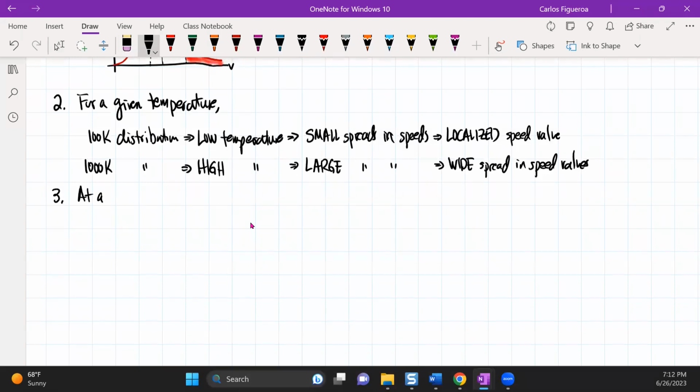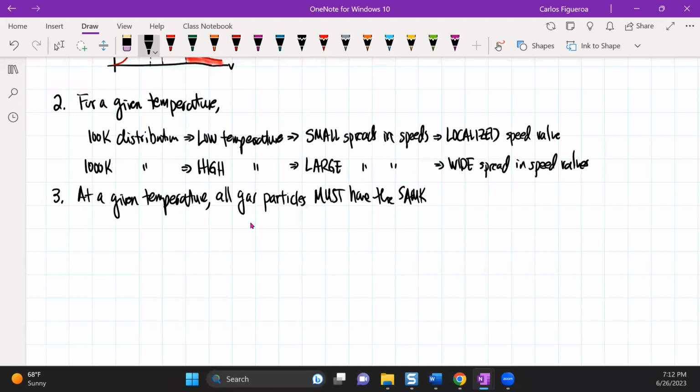At a given temperature, all gas particles must have the same, look at that, same KRMS.